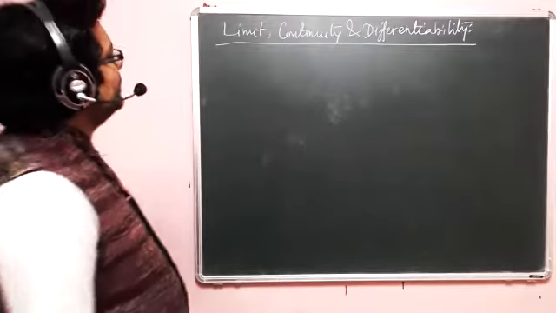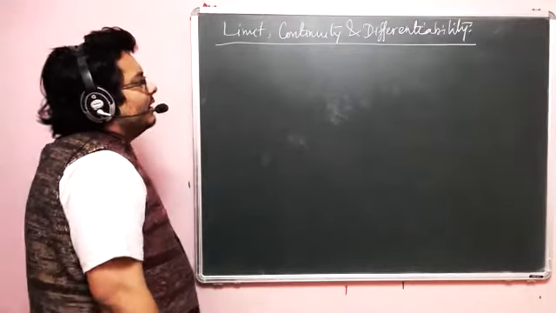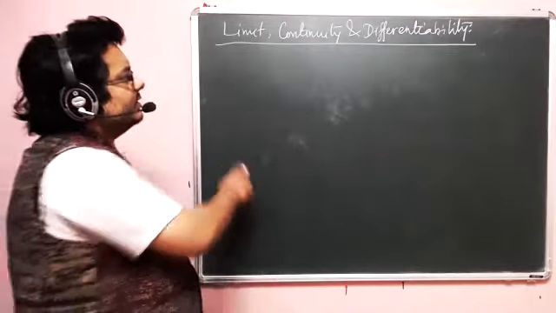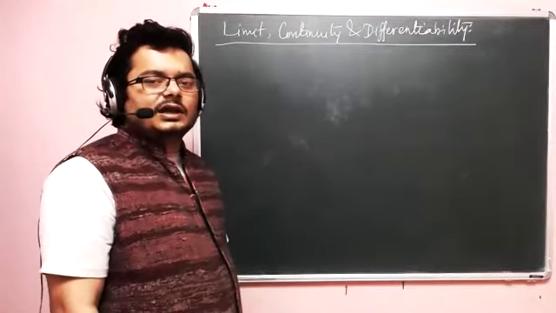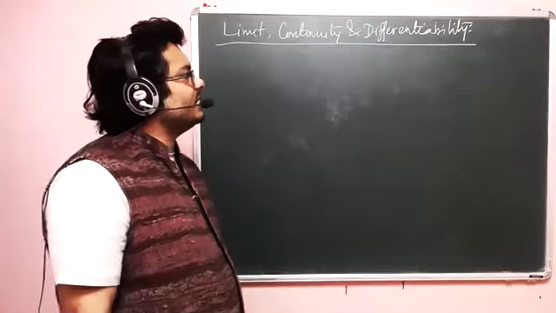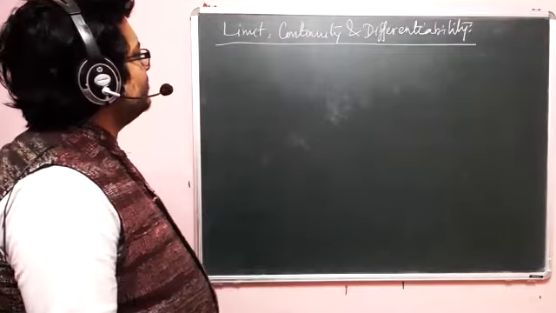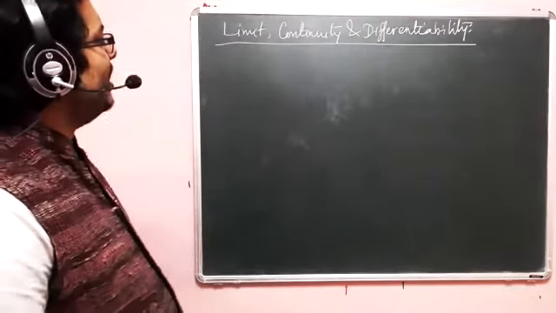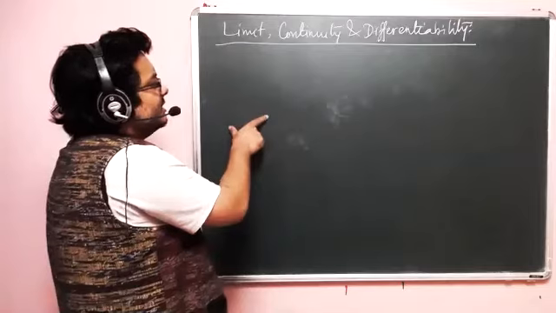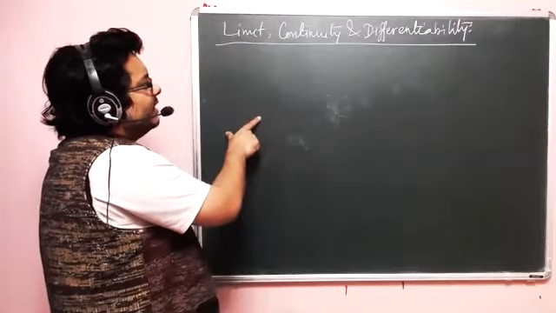Now, just to start with, all of this, that is limit, continuity, differentiability, is part of real analysis at large. They come as a part of mathematical analysis, and it goes like this: limit is a bigger idea.